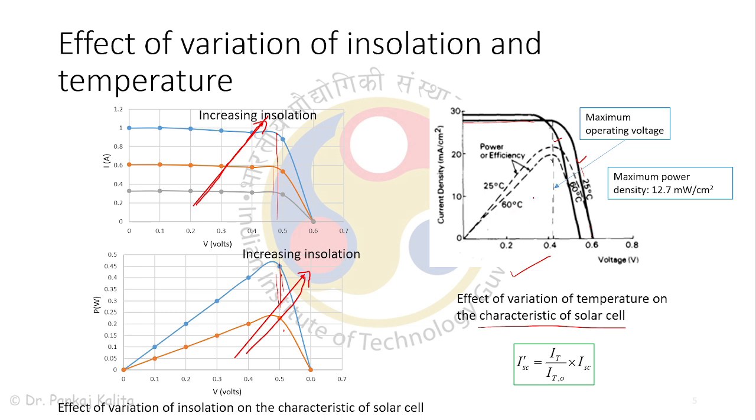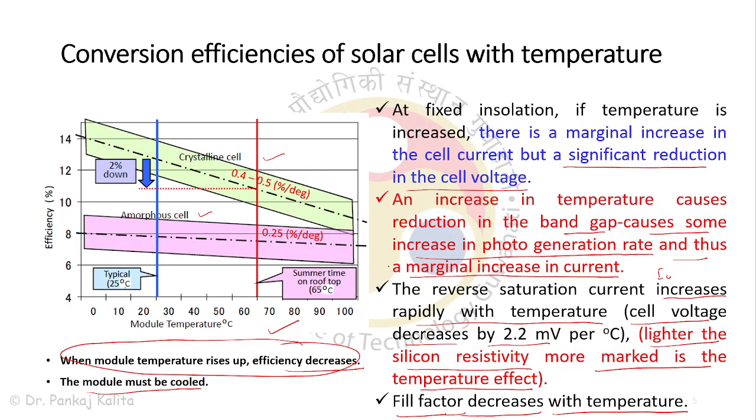And if you see here, with increase in temperature, what happens is your band gap reduces and more photo generation current will be there. But there is also an increase in the reverse saturation current, thereby there is a very marginal increase in the current as compared to the increase in voltage.